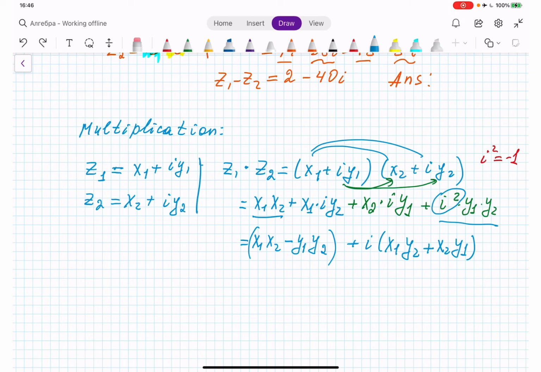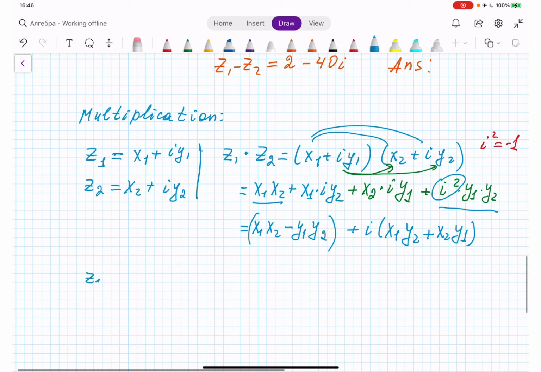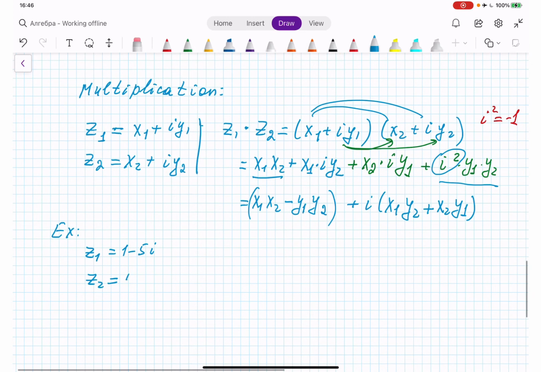What do we have? We have z1. So example, z1 is equal to 1 minus 5i. z2 is equal to 5 plus 2i. From here, z1 times z2 is going to be equal to x1 times x2, which is going to be 1 times 5, right?